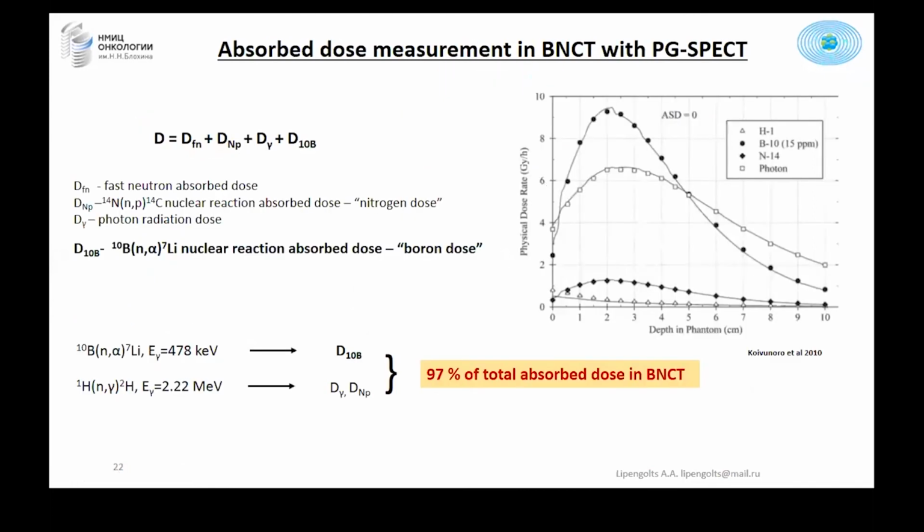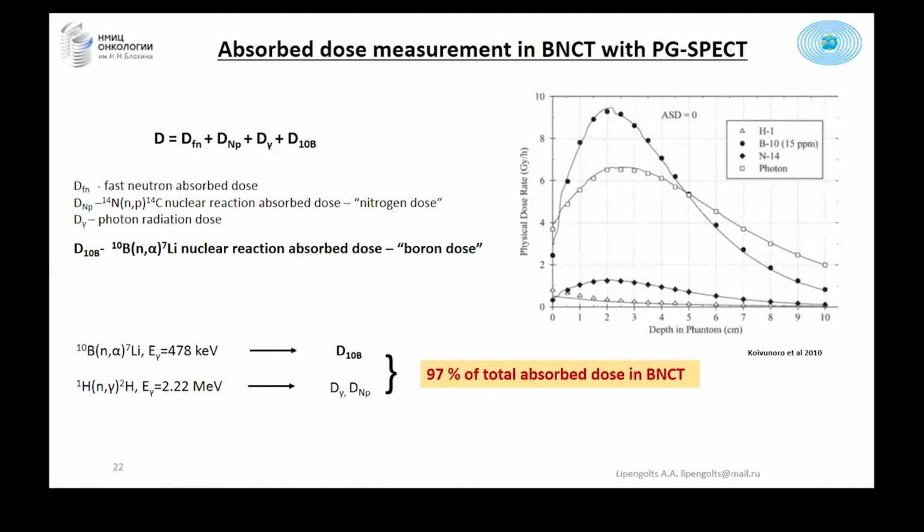Another advantage of this method is that it can measure not only gamma radiation from boron but also from hydrogen, and these two reactions can quantify the boron dose and the gamma and nitrogen dose, and that allows direct absorbed dose measurement.